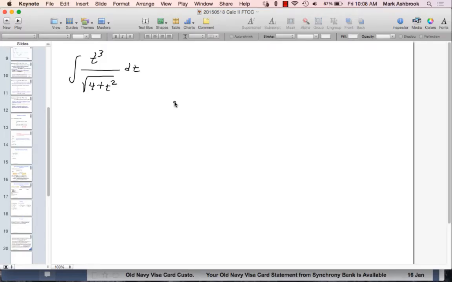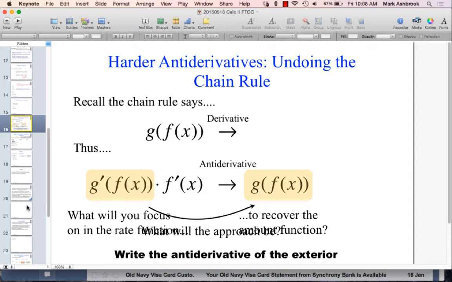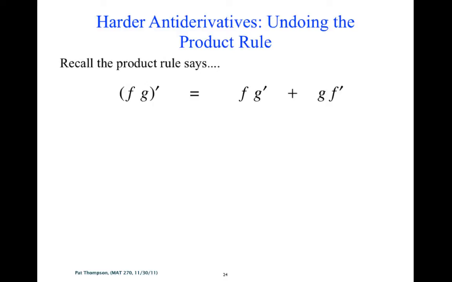Undoing the product rule. Okay, so we got f g prime. Let's just review the premise of that. Remember, what are we doing when we undo the product rule?